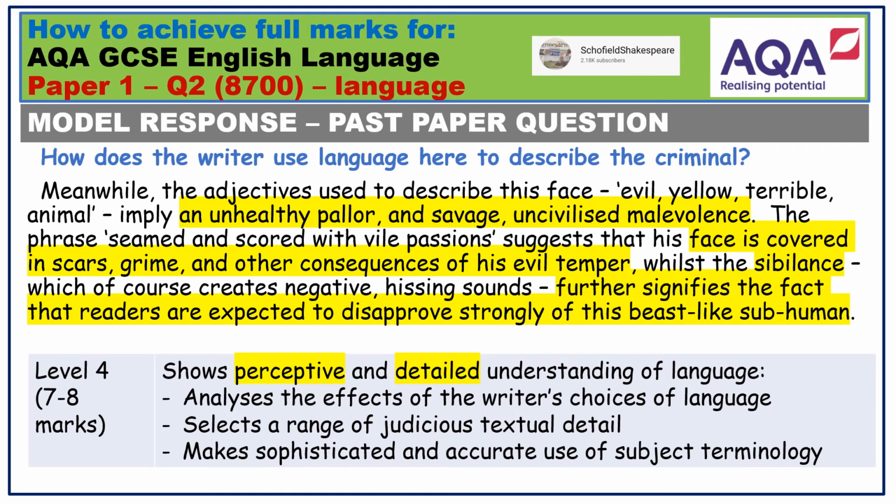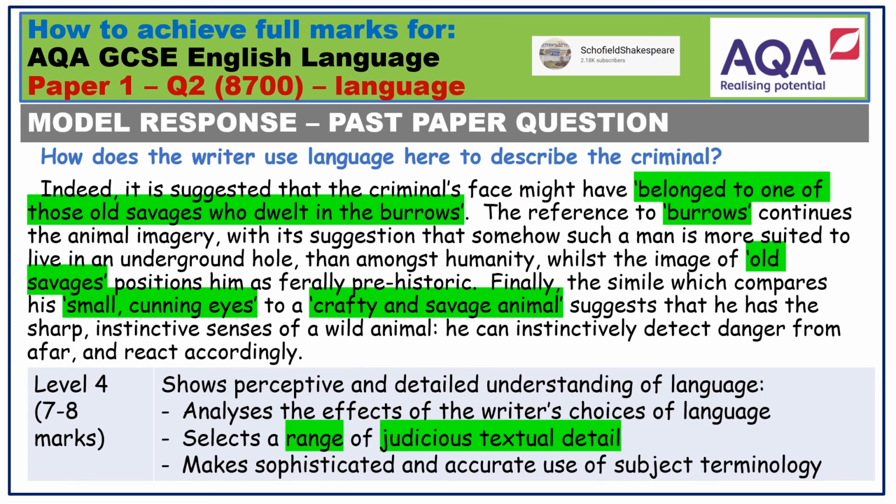That said, it will frequently be necessary to use more than one sentence or a longer sentence in order to show a really detailed understanding of language, and I do this here with my exploration of seamed and scored with vile passions. Note also the judicious use of textual detail or quotations.